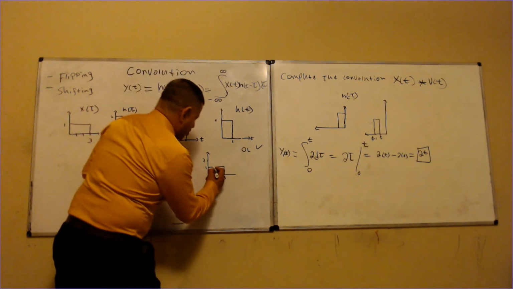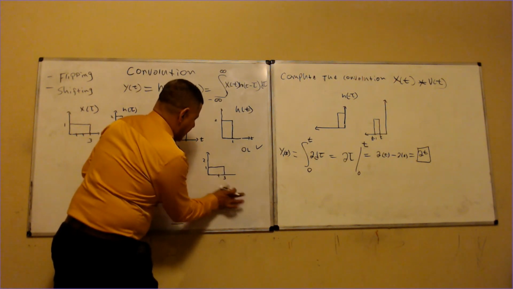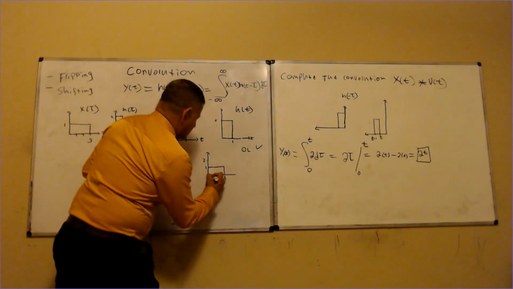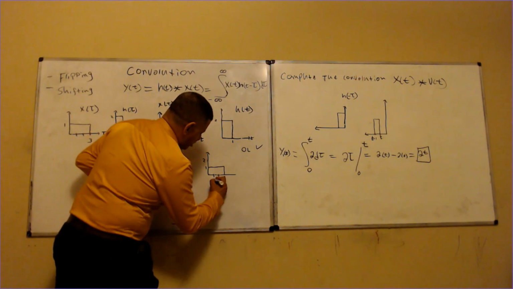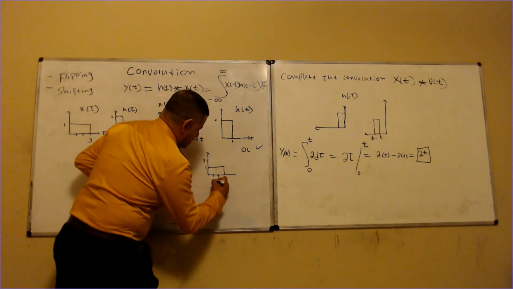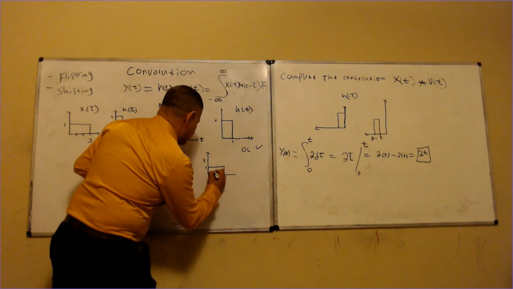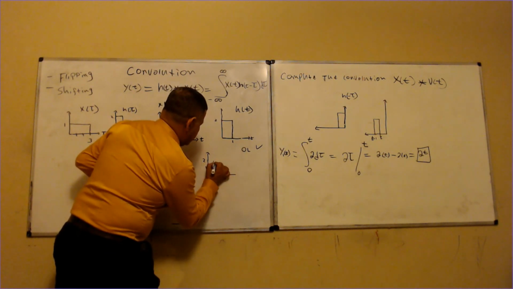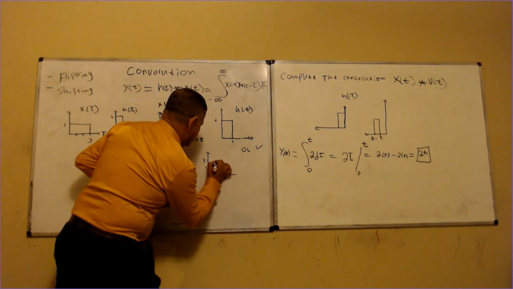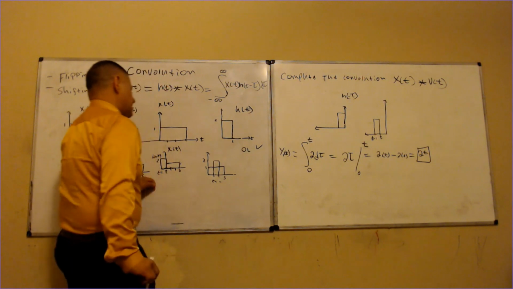So we go to this guy, this is 1, this is 2, and this is 3. So this is going to be t minus 1, and this is going to be t now. Now, this is going to be like that, and then it's going to be like that. And I'm going to drop the rectangle like that.